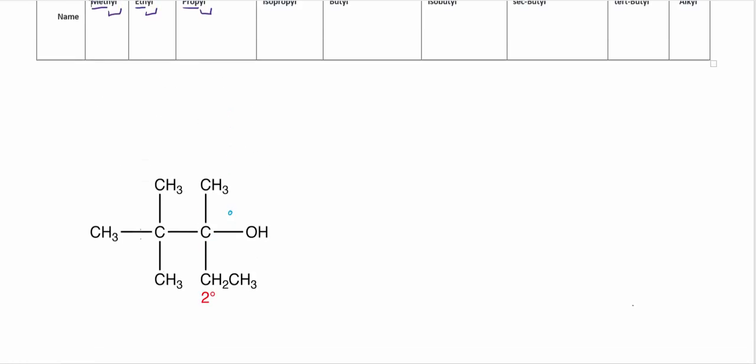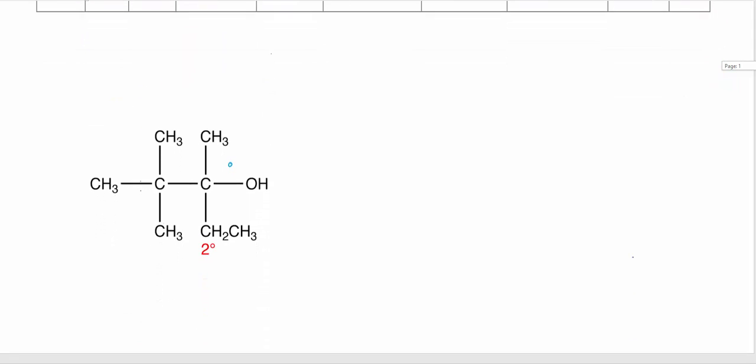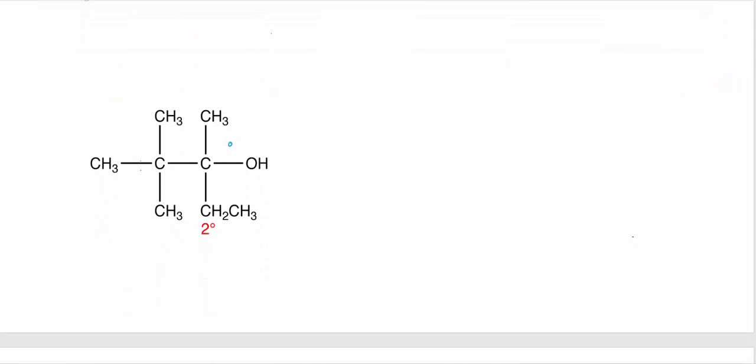Now, all of these alkyl groups, or these 3 alkyl groups that I specifically highlighted, remove a hydrogen from one of the terminal carbon atoms. Well, in methane, there is no terminal carbon atom. It's only the one atom, but you get the idea. Now, in order to move forward and name some of the other groups that were given there, we need to understand the order of our carbons.